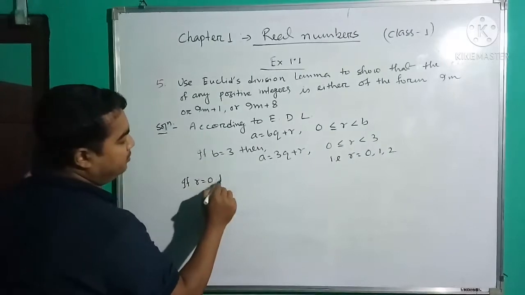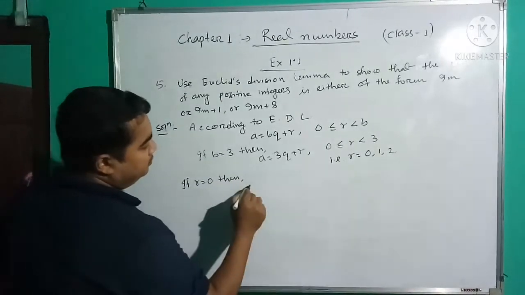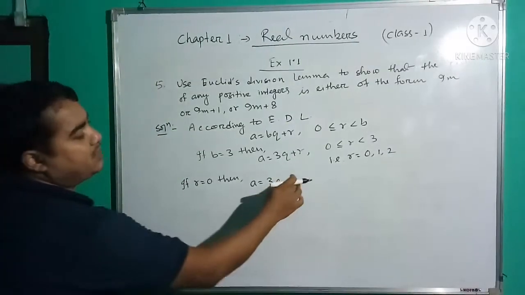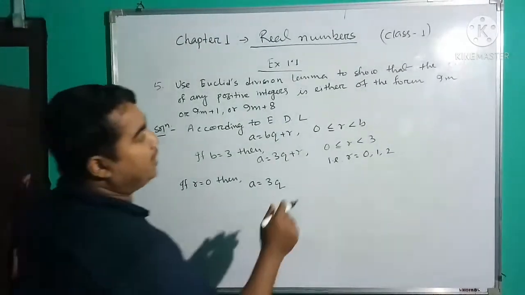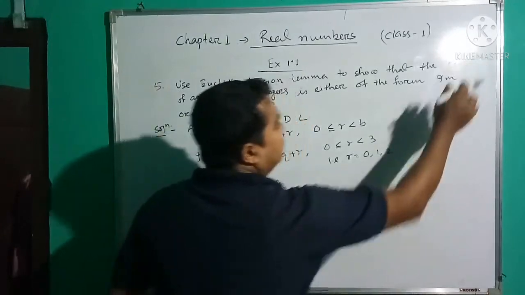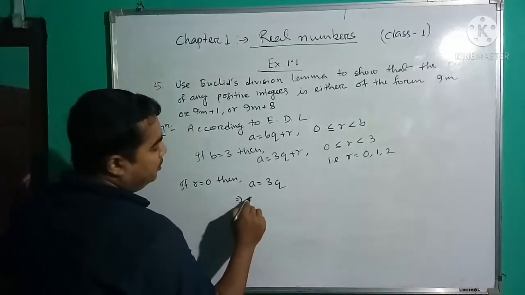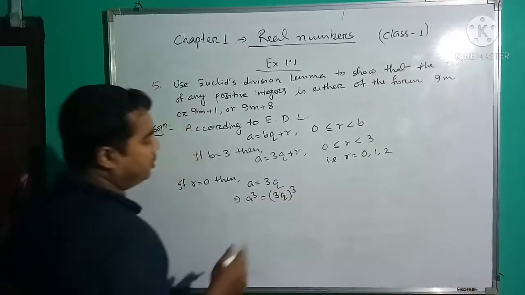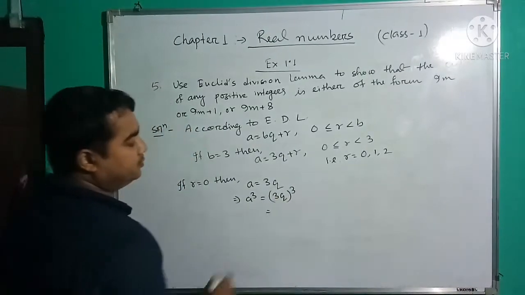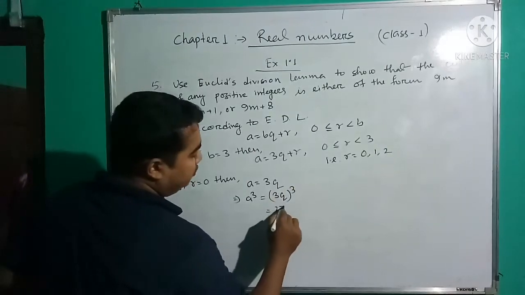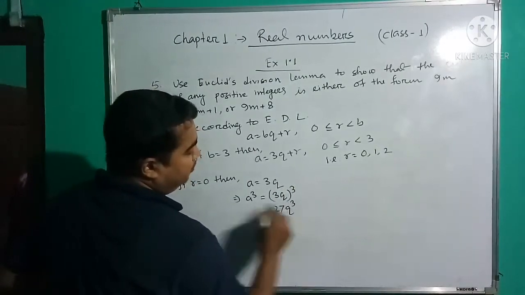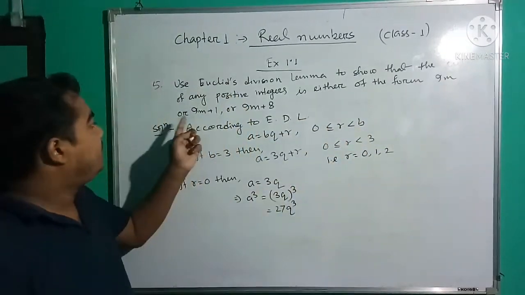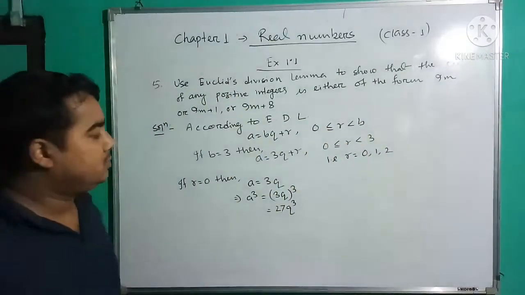If r equals 0, then a equal 3q plus 0, or 3q, same meaning. But according to the question, what do they want? Cube. So cube both sides. (3q) whole cube. Okay? Now expand it. 3 cube value 27 q cube. But see the form, only 9m or 9m plus 1 or 9m plus 8.